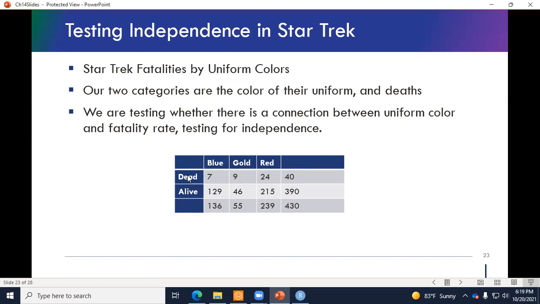So two factors make a two-way table for us. We're testing whether there is a connection between the color of the uniform and the fatality rate, whether this factor is independent of that factor. We have the data listed here and will work on this a bit later. This just tells you the scenario we want to test for independence.